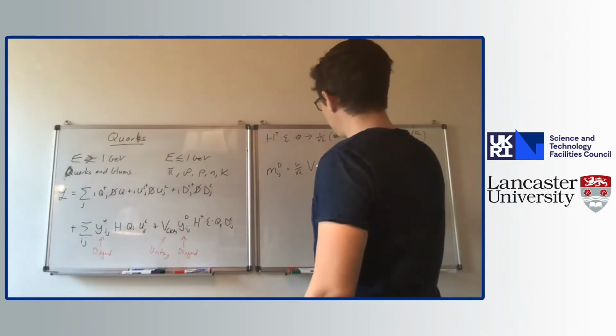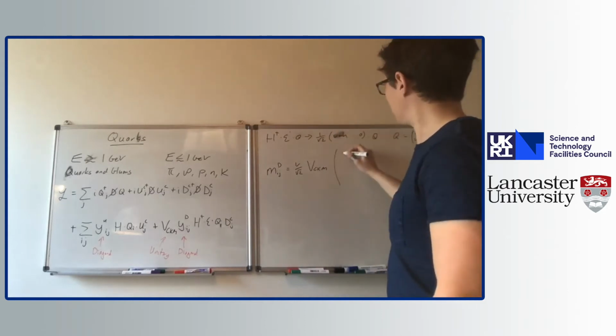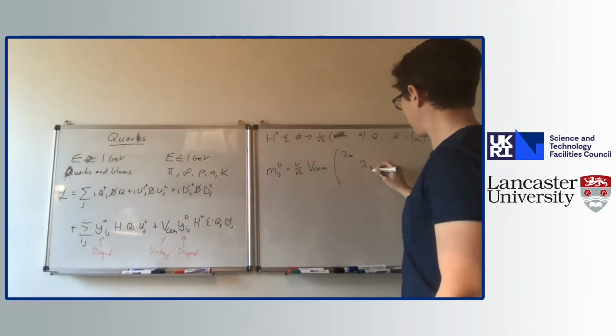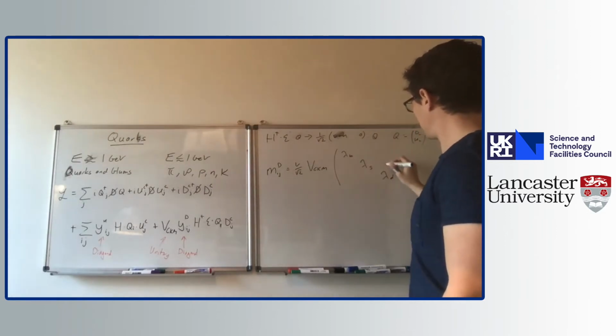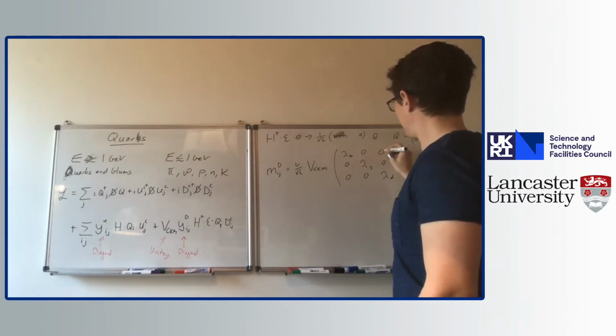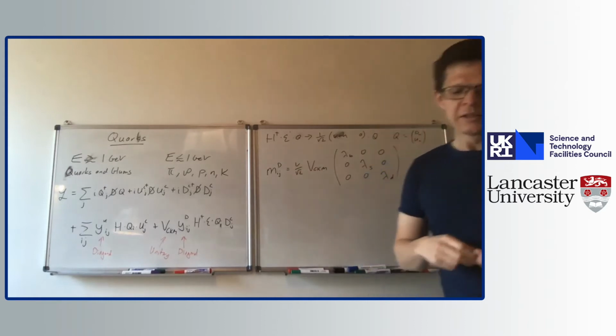And then we have V_CKM, and then we have lambda_B, lambda_S, and lambda_D. And this matrix here is diagonal. But the whole mass matrix is not, because of this V_CKM.